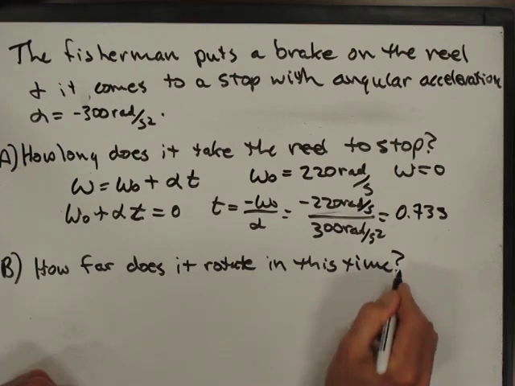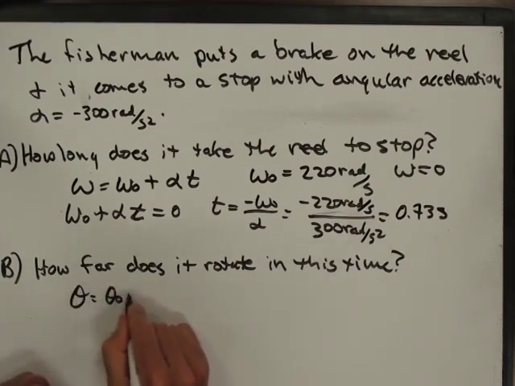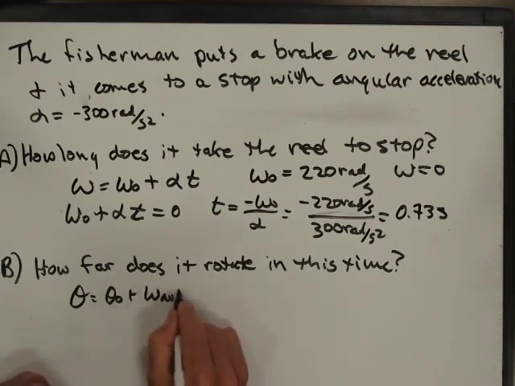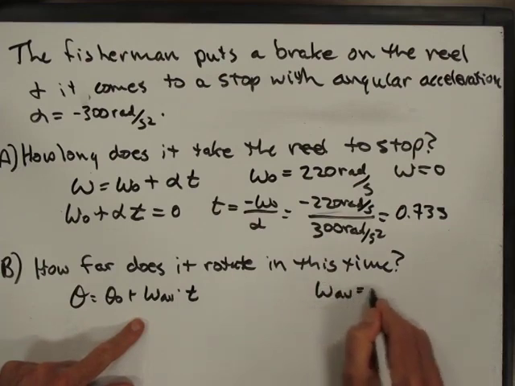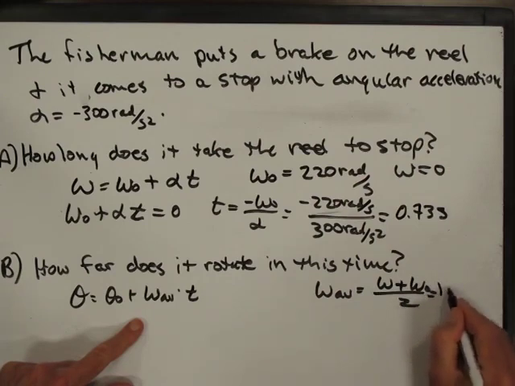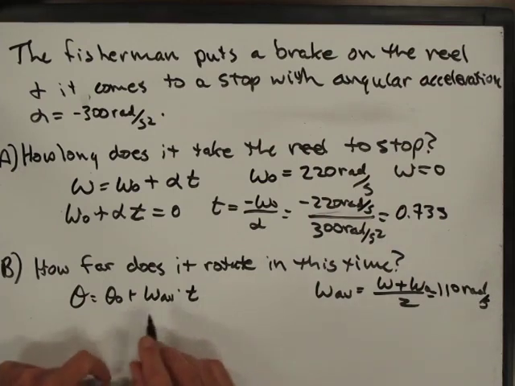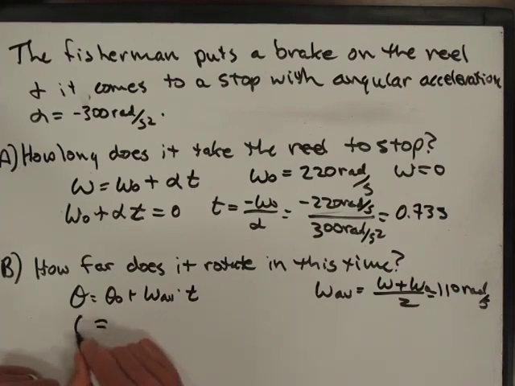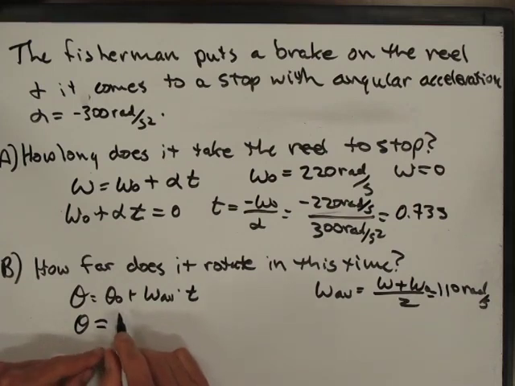Then we can ask the question again, how far does it rotate in this time? Theta is equal to theta naught plus omega average times time. Again, omega average is just omega plus omega naught over 2, which is 110 radians per second. We know what the time is. And so theta is equal to the distance it turns. Again, theta naught, we'll just call it 0 when it's reached its maximum speed.